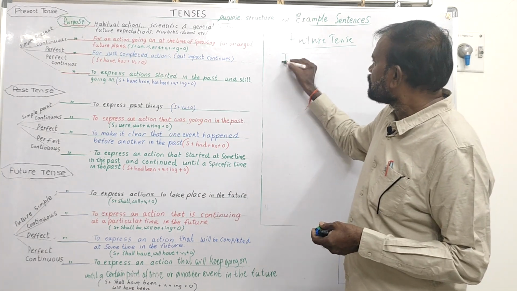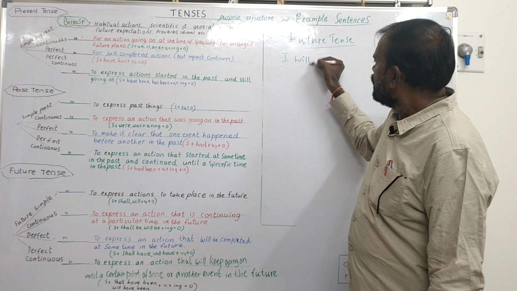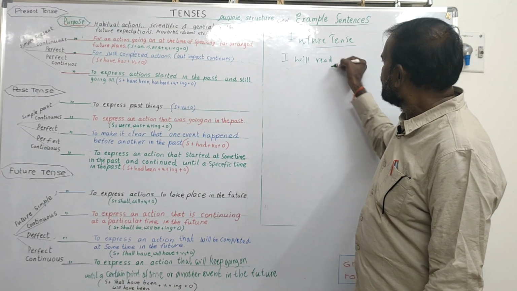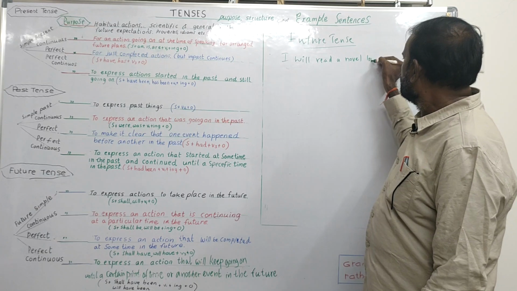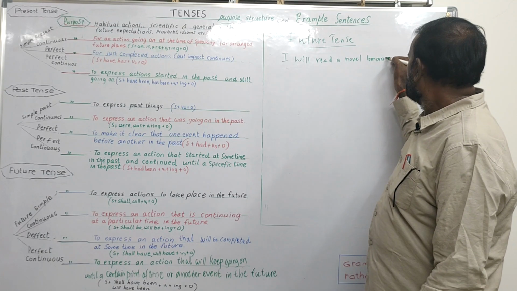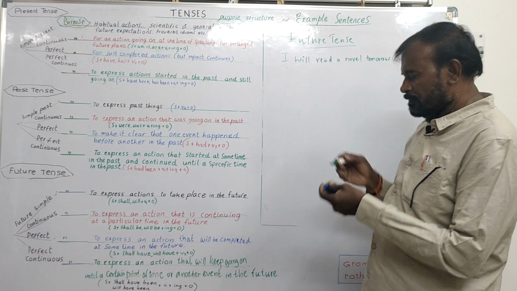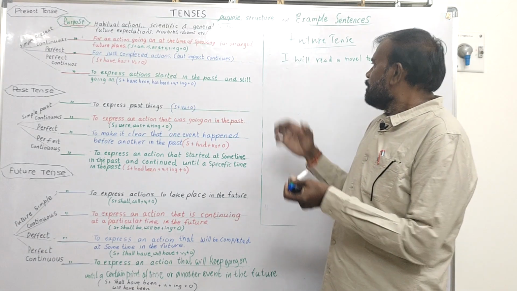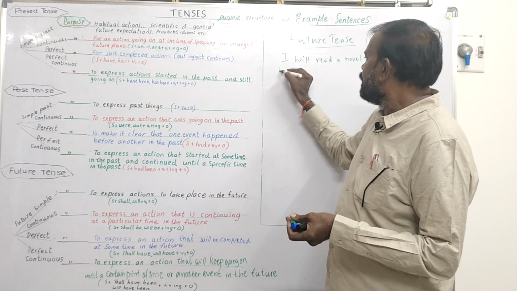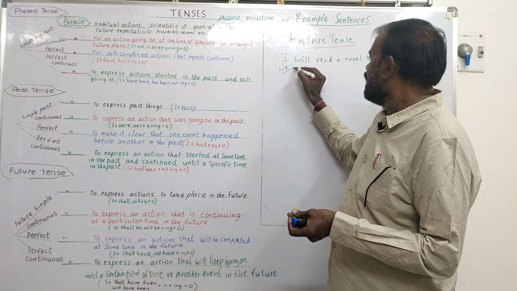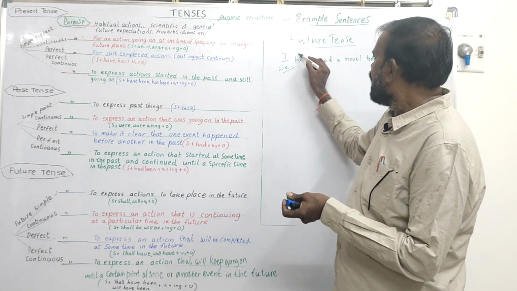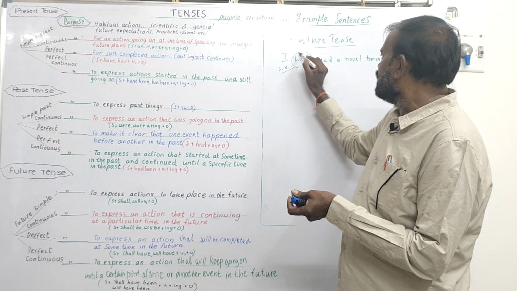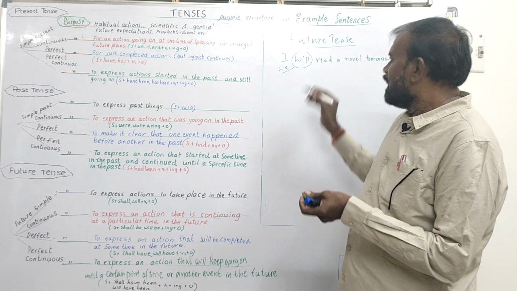Example: I will read a novel tomorrow. For I or we we use shall, and for the others we use will. But will can also be used with I and we.